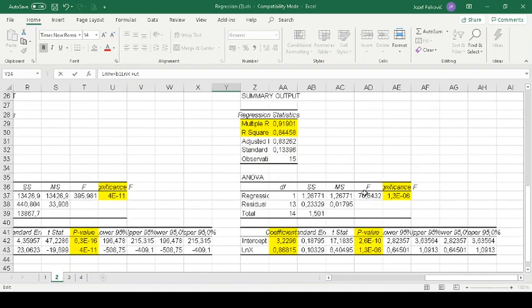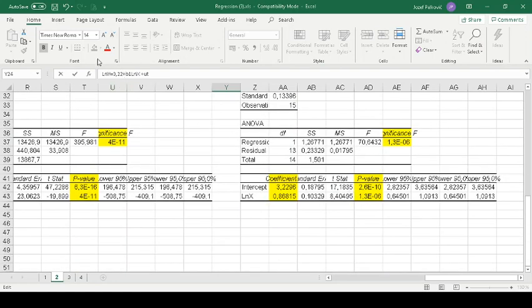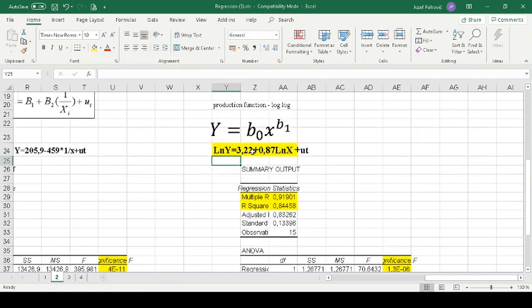So intercept value 3.2 and b1 value 0.87. And that's it. That's the function estimated in this case. What about interpretation or explanation of regression parameters in this kind of function?